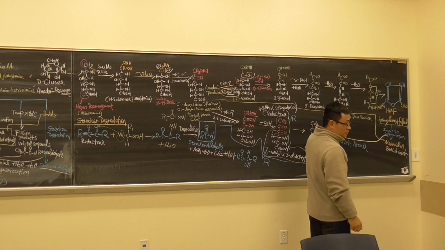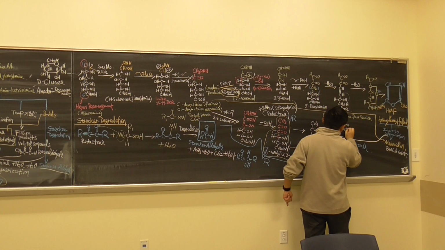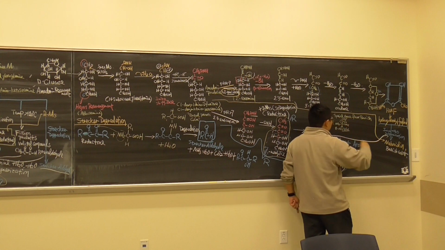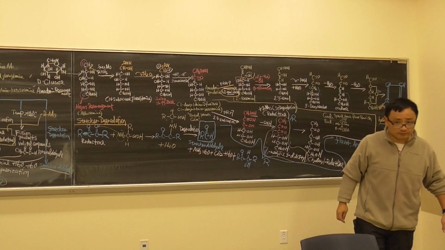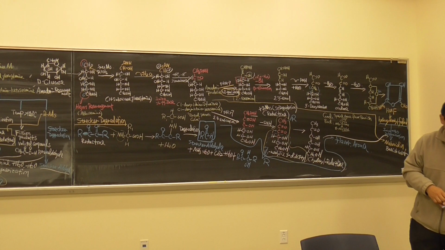This is a very long CH2. We call it epsilon amino acid. This is lysine. Lysine is an essential amino acid. That's why I'm asking you a question. Name 9 essential amino acids.